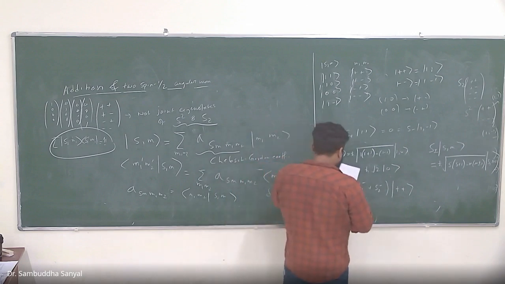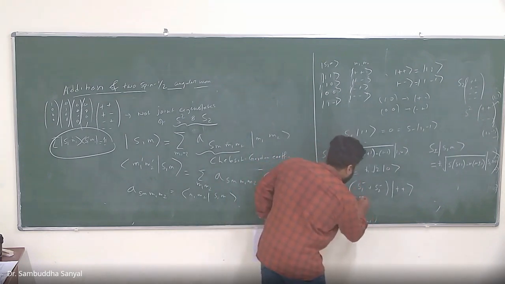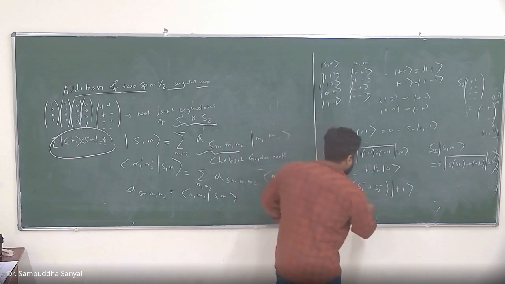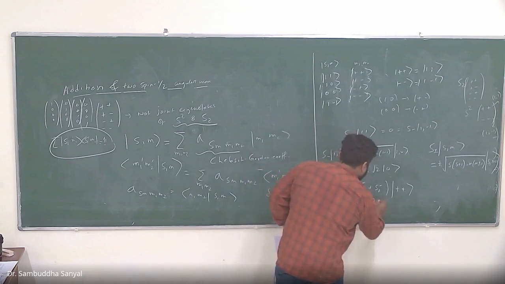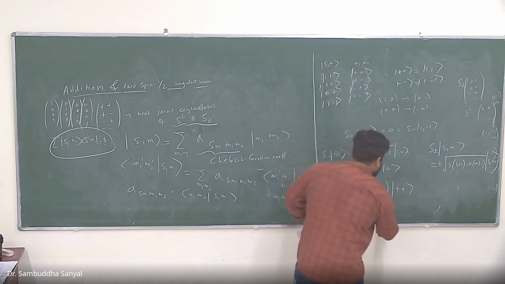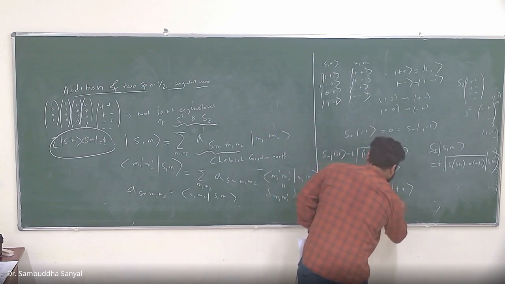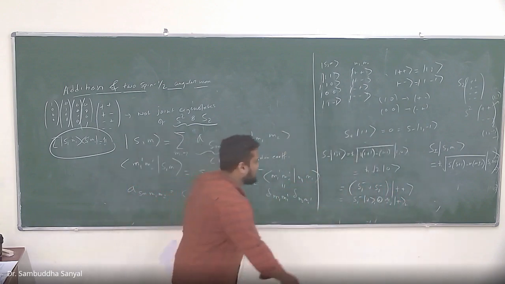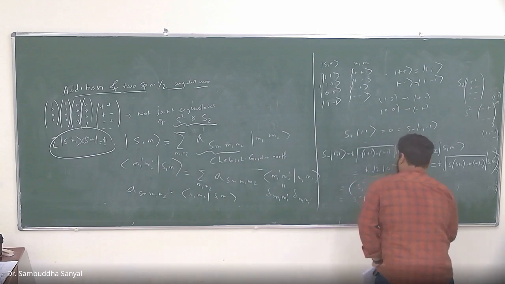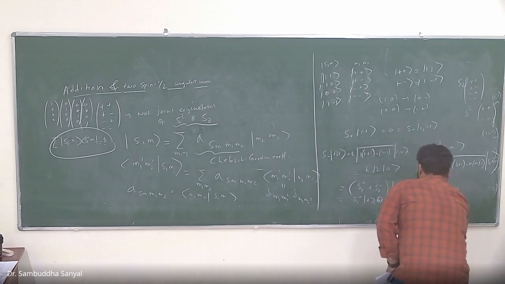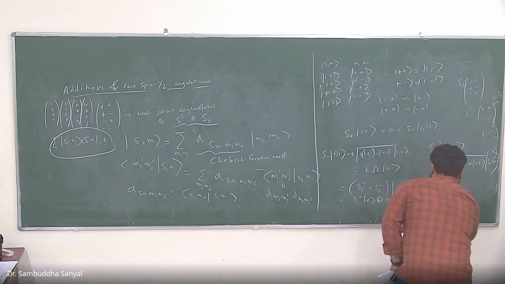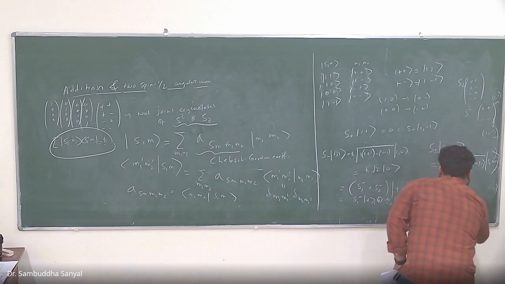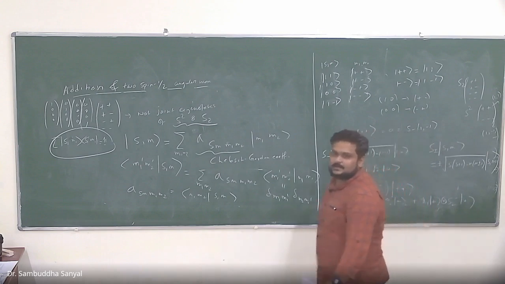It should give me S1 minus acting on plus 1, direct product S2 acting on plus 2. This will be the first term, right? The second term is S1 acting on plus, direct product S2 minus acting on plus, right? Everybody got this?